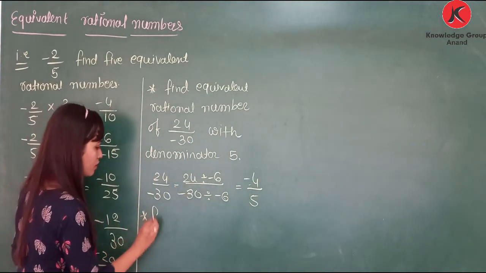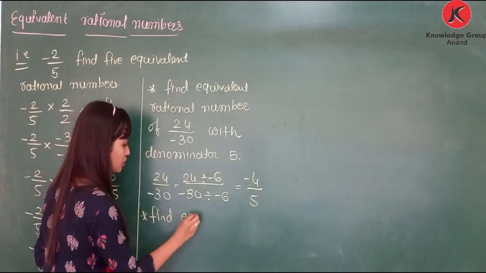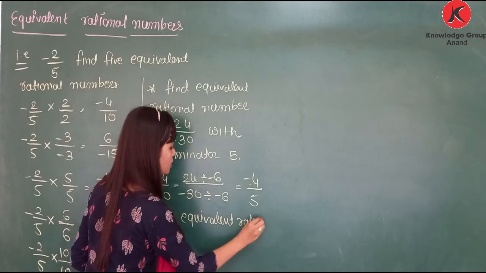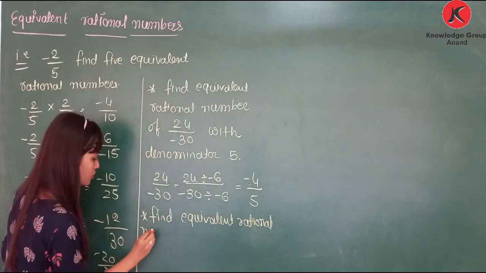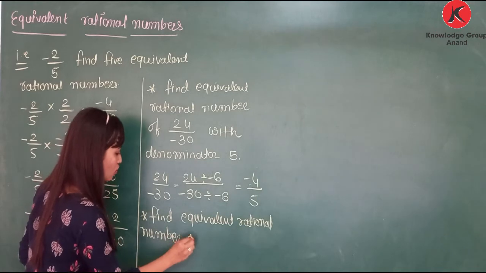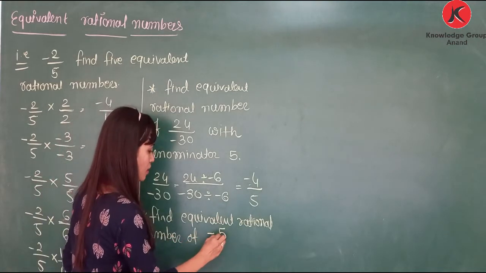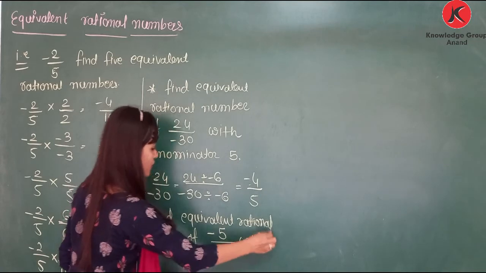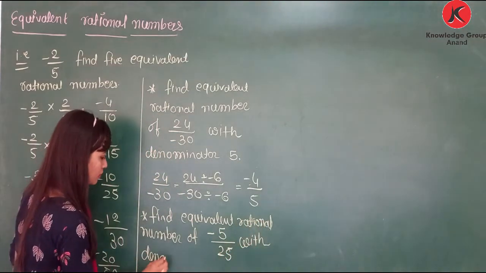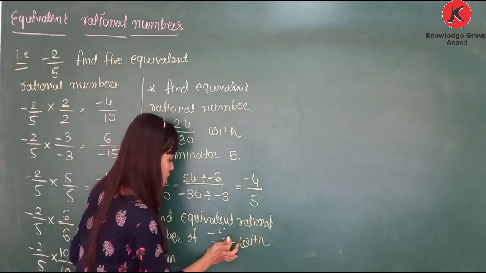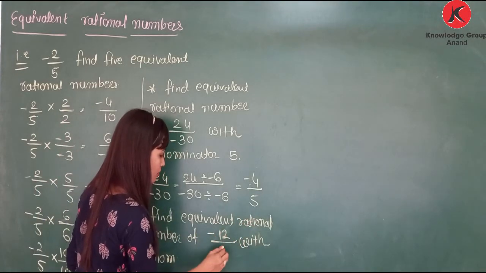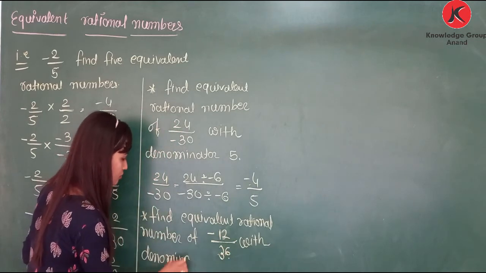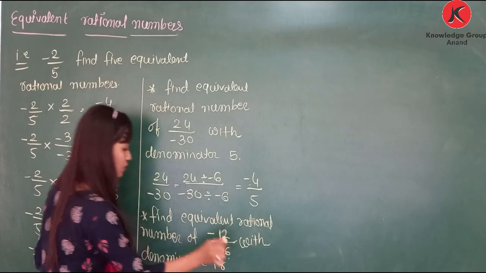Same, find the equivalent rational number of minus 12 by 36 with denominator 18.